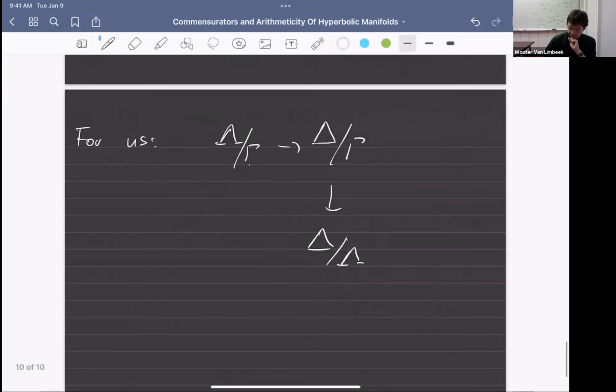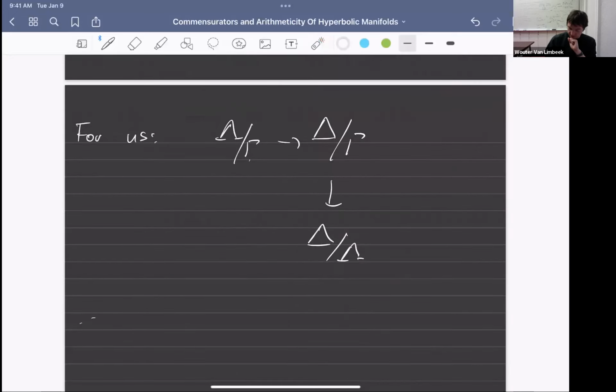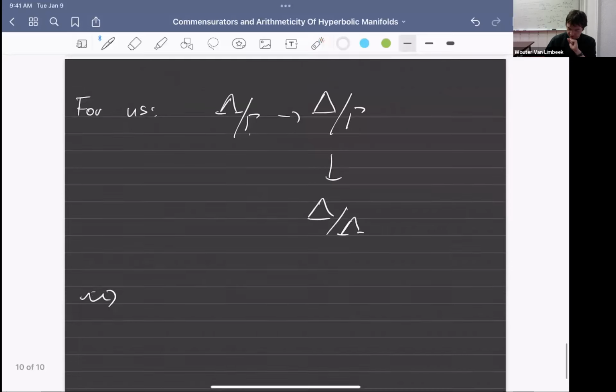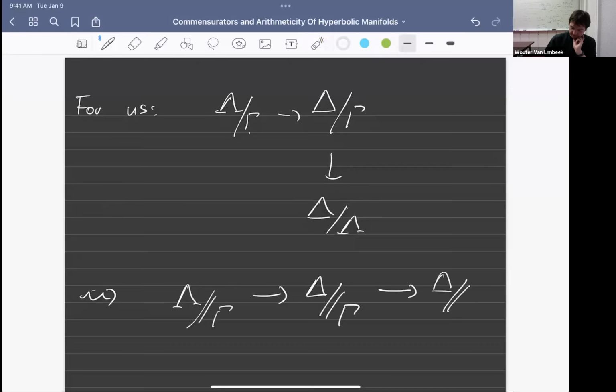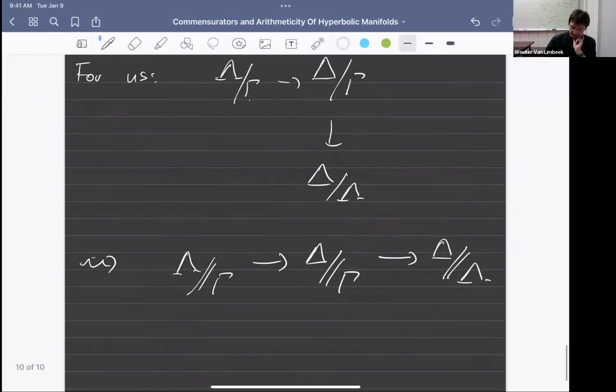what happens? Everything turns into a group. Lambda commensurates gamma, so I can complete this. All of this is a functorial construction, so all the arrows behave nicely. And so you get delta completed with respect to gamma, and then it goes to delta completed with respect to lambda.